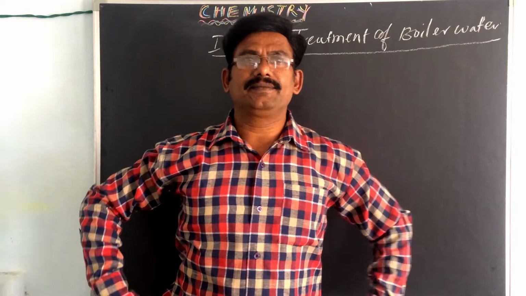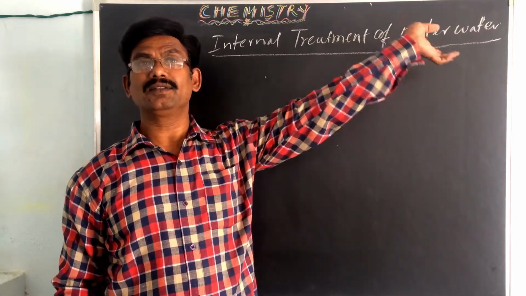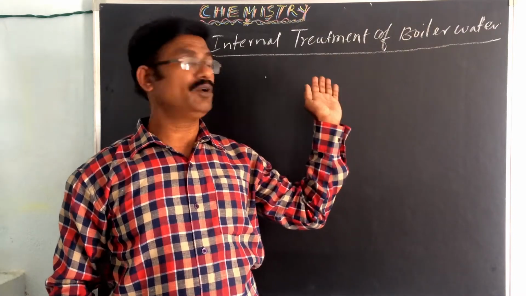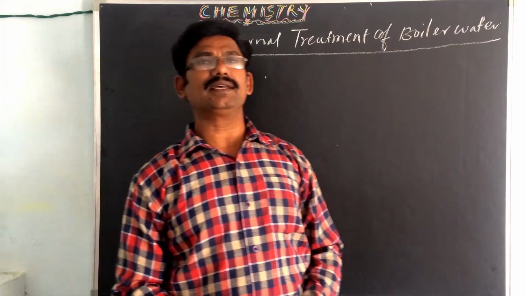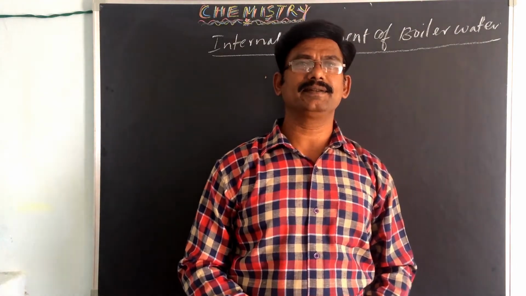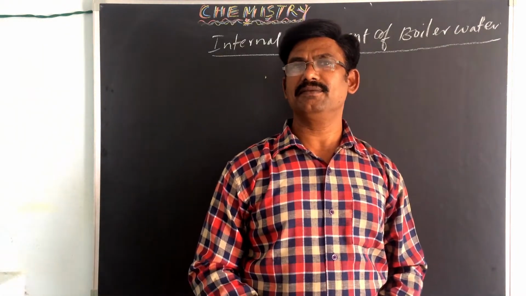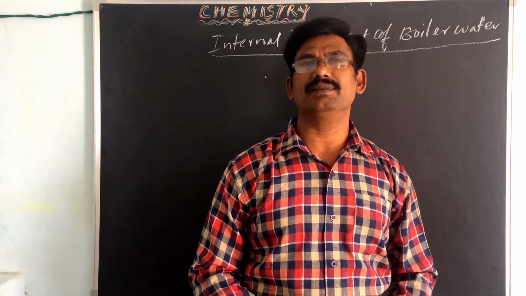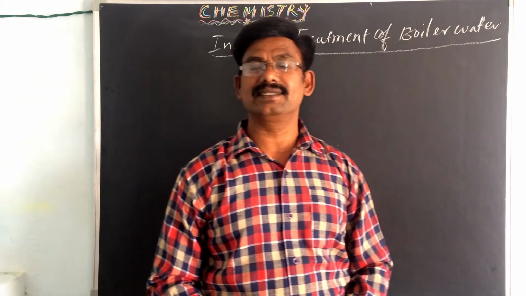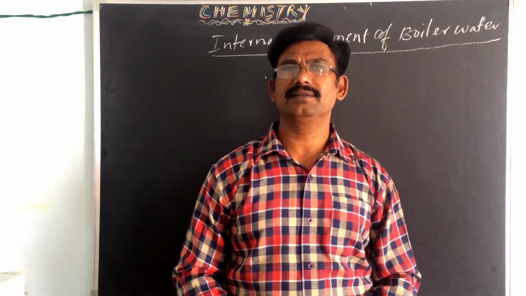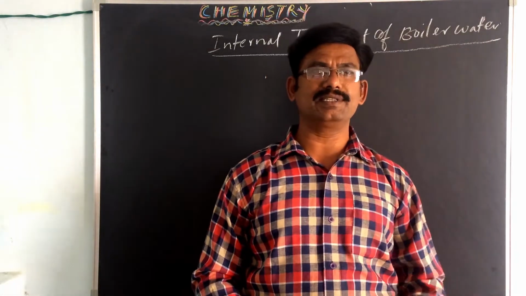In the last class, what I explained were the boiler troubles, that is scales, sludges, caustic embrittlement, etc. How can we solve these troubles?